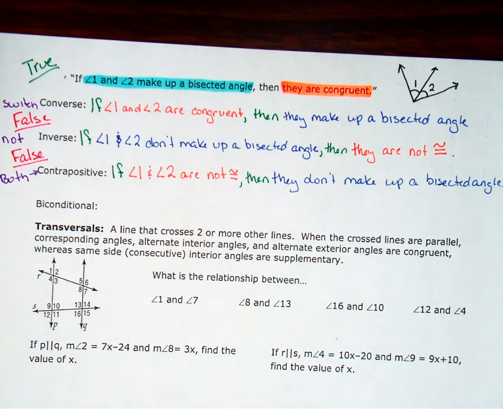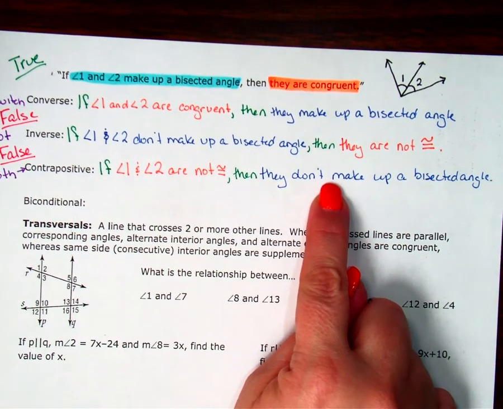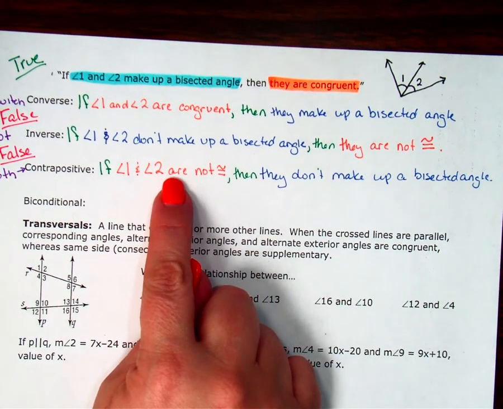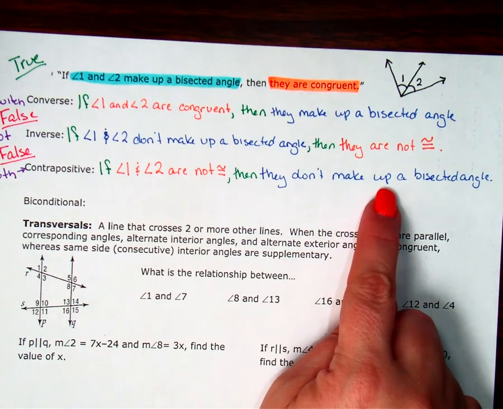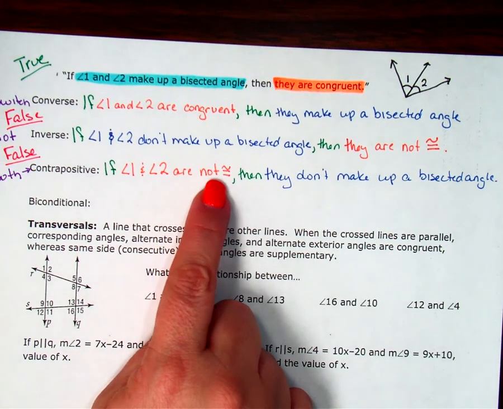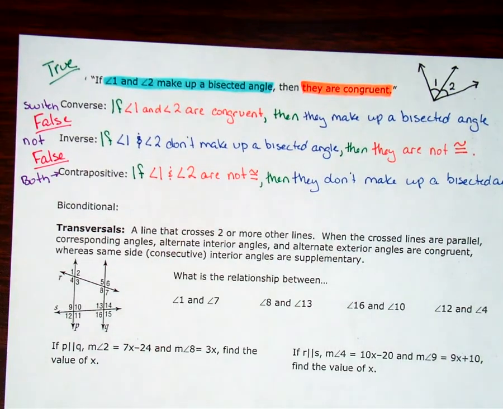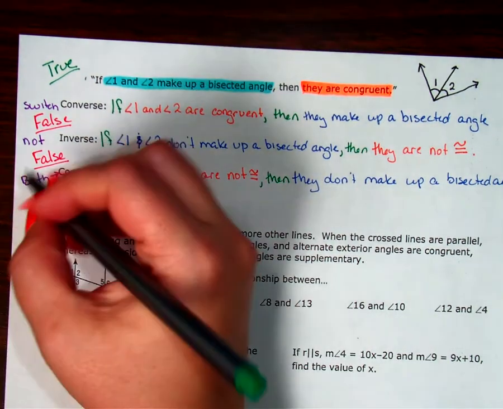If they're not congruent, so they're two different angles, because the first part we always have to assume the first part is true. We're deciding, does that mean the second part is true or false? So if they're not congruent, can they make up a bisected angle? They can't, because in order to be in a bisected angle, they do have to be congruent. So if they're not congruent, then they don't make up a bisected angle. This is a true statement.